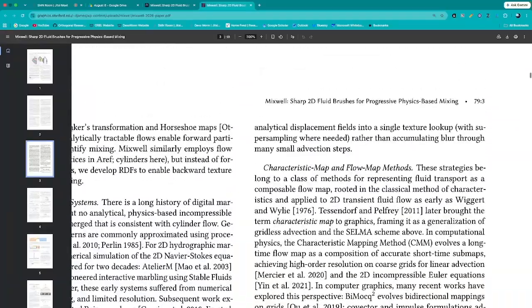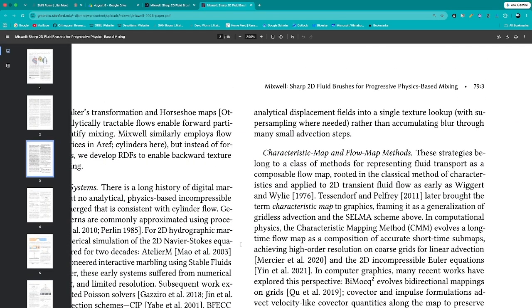The other area that they review, characteristic map and flow map methods, is interesting because it deals with some things going on in machine learning, and physics-inspired machine learning in particular. Again, we're dealing with fluid flows and fluid dynamics, and we're trying to create these different types of flow maps and other things that can approximate patterns we find in nature.